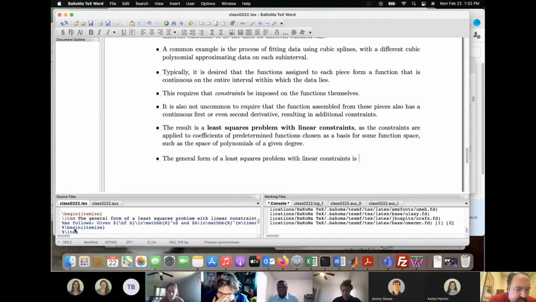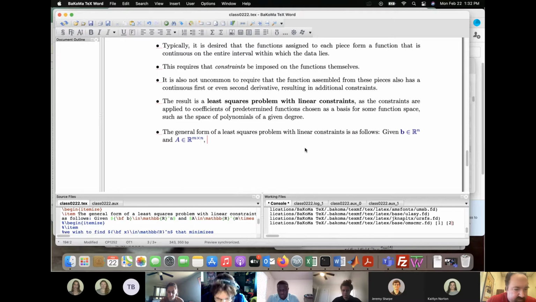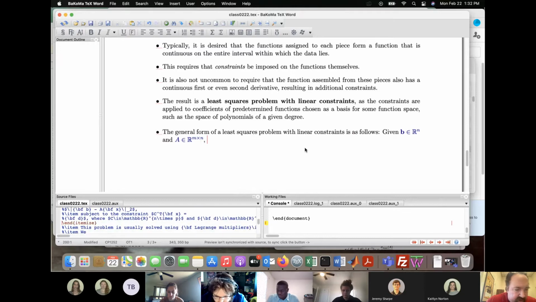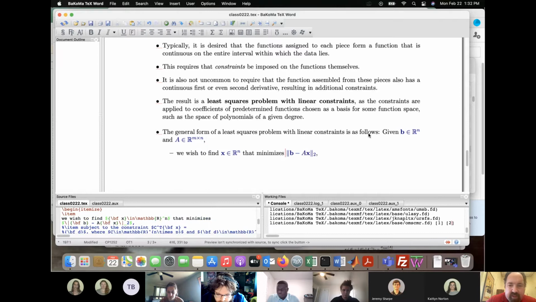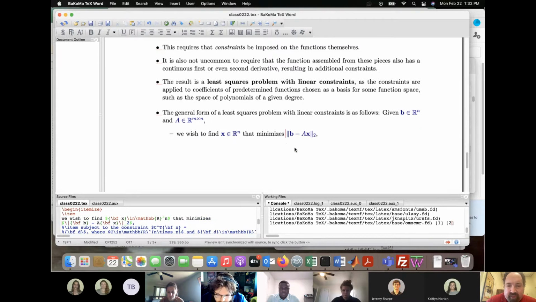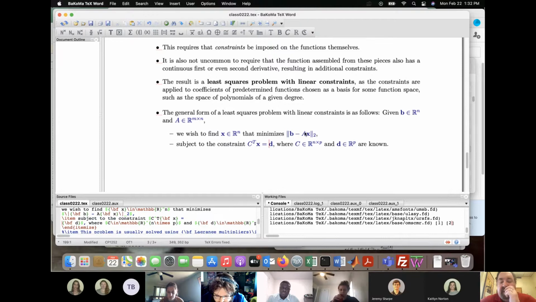In matrix form, we're given A and b like before, and you still want to minimize b minus Ax, just like in the full rank least squares problem. But now you're given this matrix C, it's n by p, whereas A is n by n, and d is a p vector.